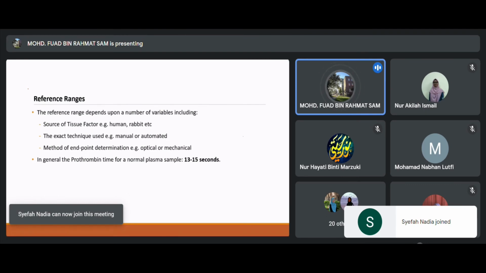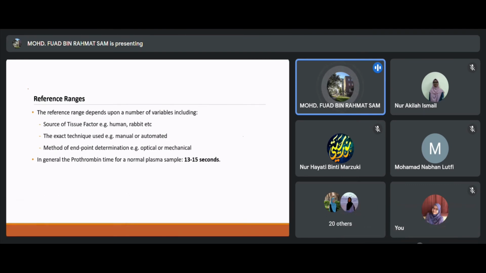But in general, the prothrombin time for a normal plasma sample is 13 to 15 seconds. Walaupun each laboratory establish own normal range, tak ada labs yang establish normal range dia more than 1 minute.